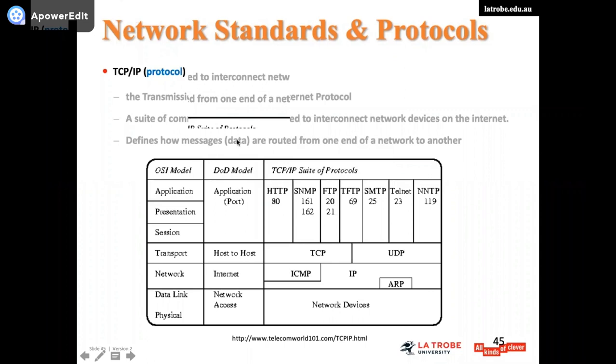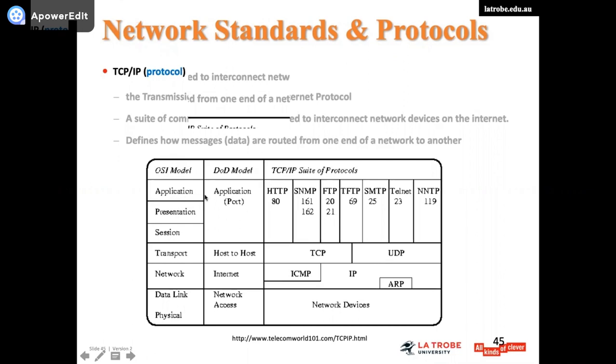So here you can see we have 7 layers of the OSI model, but in reality we only use about 5 layers. The top 2 layers are combined with the application layer. The first 2 layers provide normal network access, just like Ethernet.